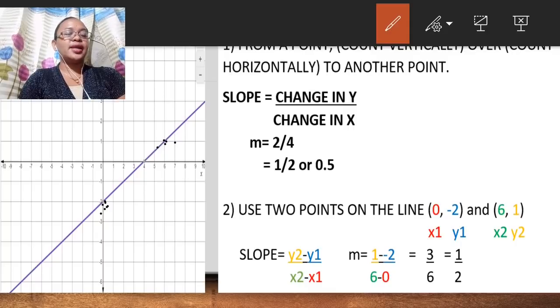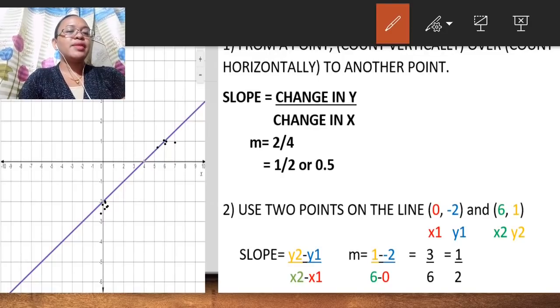Y2 is the 1, the yellow one, so you put there 1. And Y1 is the blue one, so you put minus, and then the Y1 is negative 2. So minus negative 2, over the X2, the green one, 6. So 6 minus the X1, the red one, that is 0. 6 minus 0.